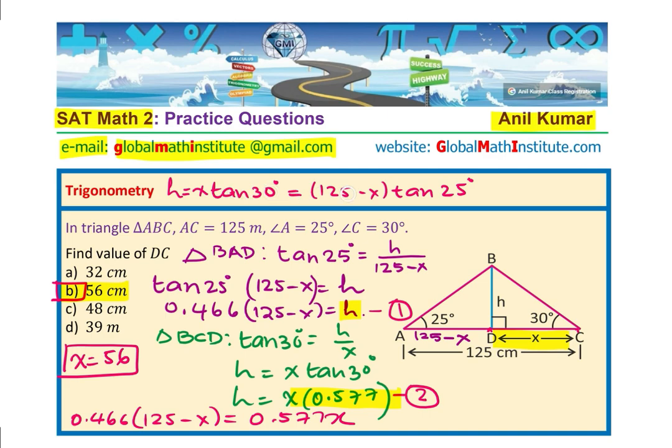Once you relate H to the length of the base, you can open the brackets, simplify and solve for X. You get the idea. And once you find X, you can always substitute the value and find H. Perfect. So I hope with this you understand the strategy to solve the two triangles.